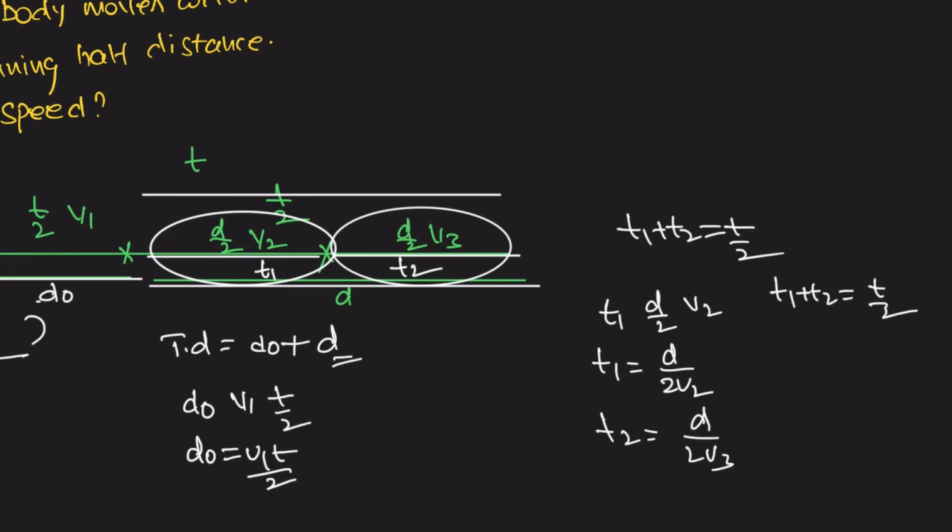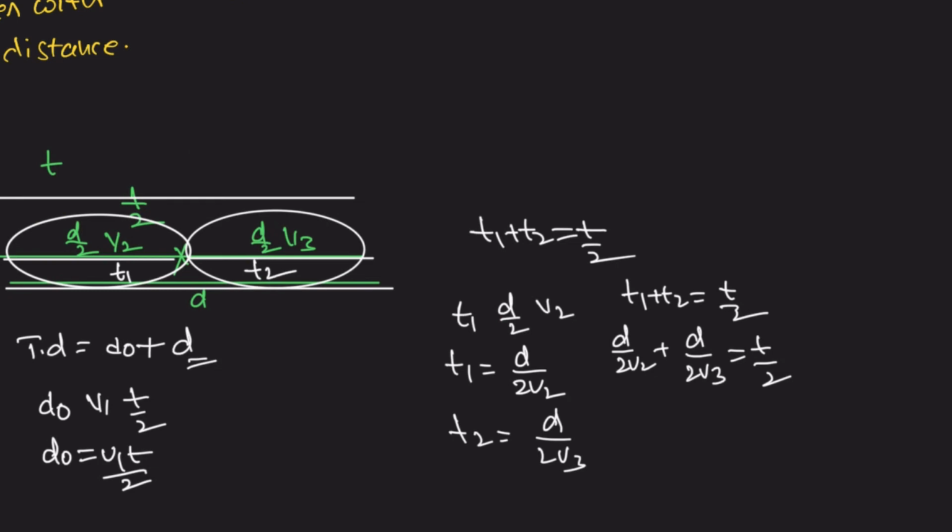So d by 2v2 plus d by 2v3 is equal to t by 2. So d by 2 is common. So we get d by 2 into 1 by v2 plus 1 by v3 equals t by 2.